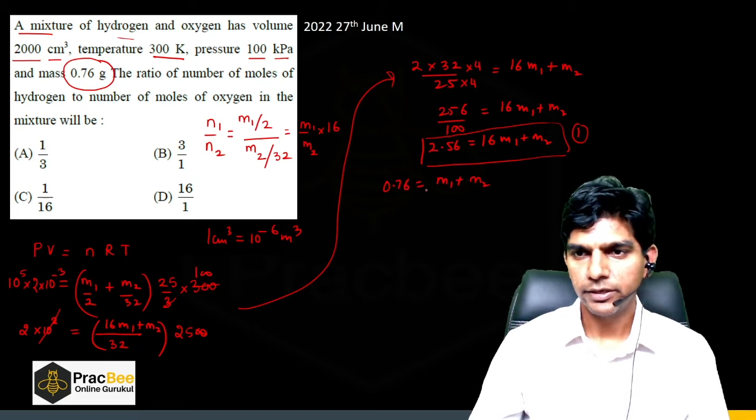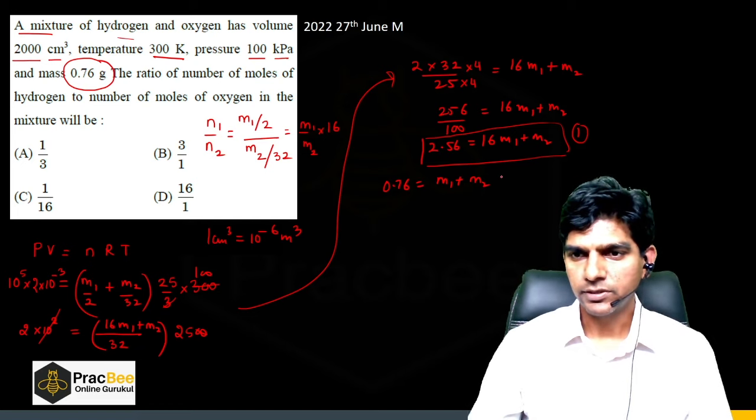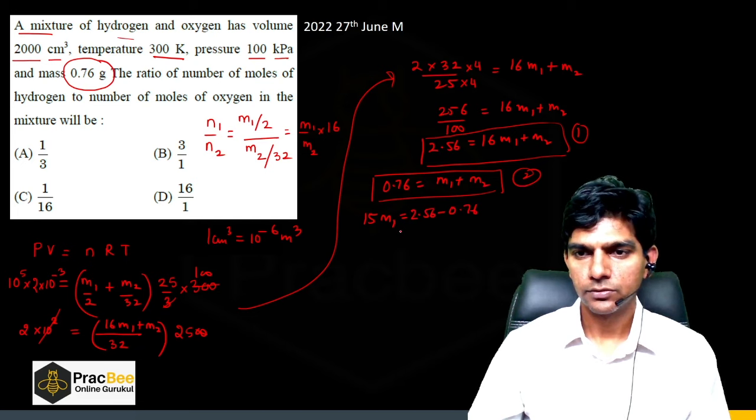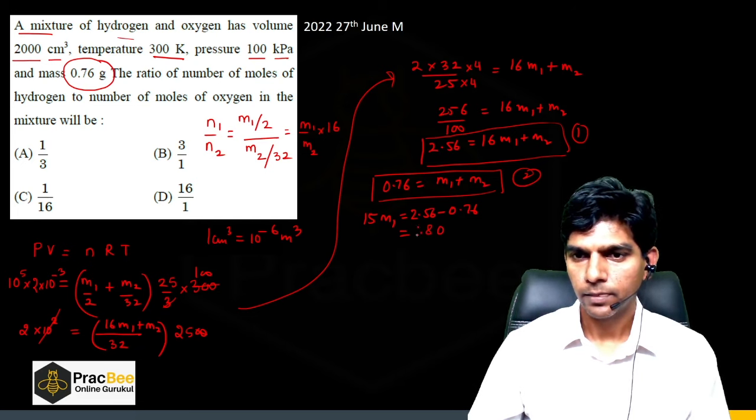This is the second equation. If we simply subtract these two equations, we will get 15 M1 is equal to 2.56 minus 0.76, which is 1.8. So 15 M1 is 1.8, so M1 will be 0.6 by 5, which is 0.12 grams.